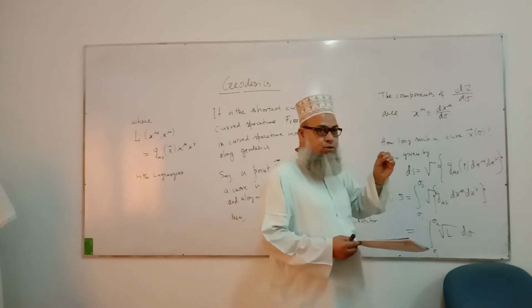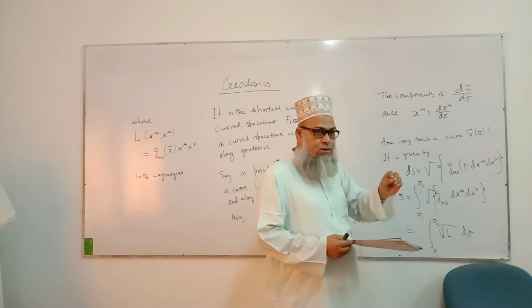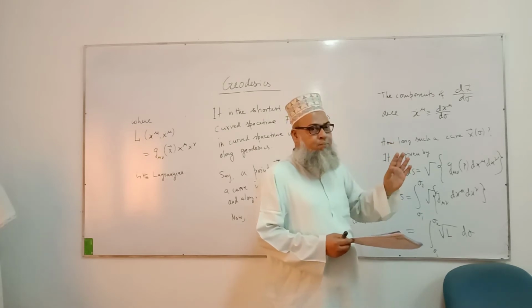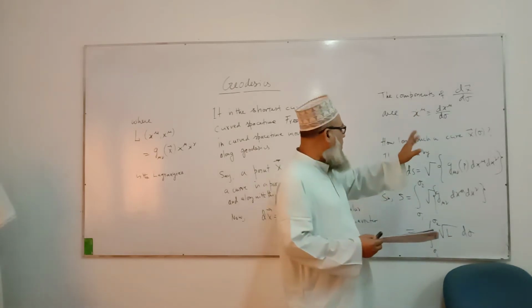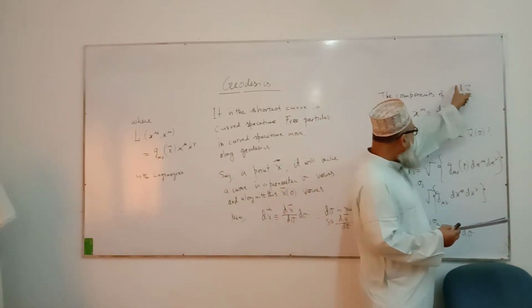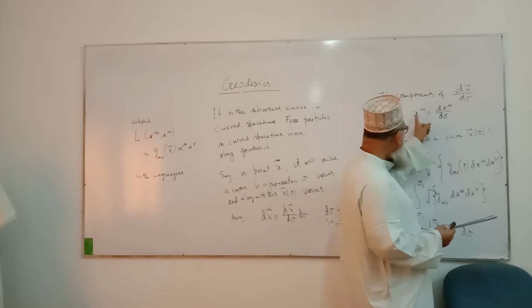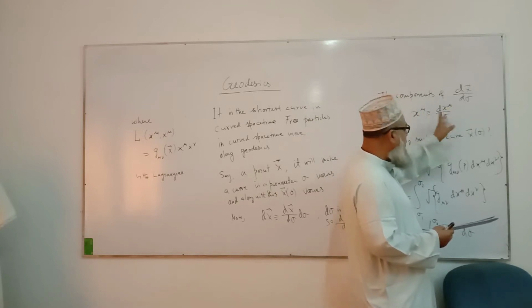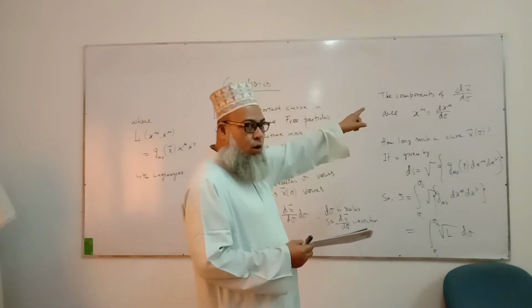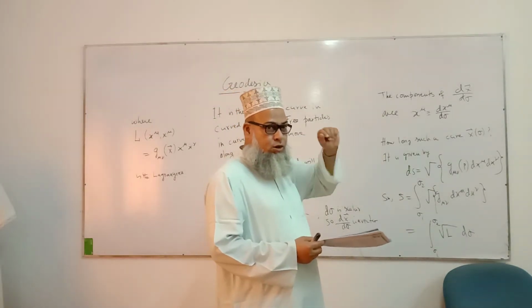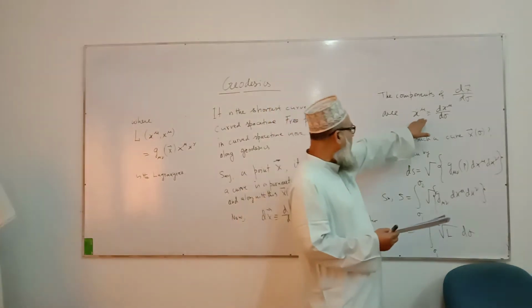We shall use the dot for differentiation with respect to sigma. So dx by d sigma has components x dot mu, that is dx mu by d sigma in component form. That was in compact form, the whole vector dx by d sigma. Now the components are there.